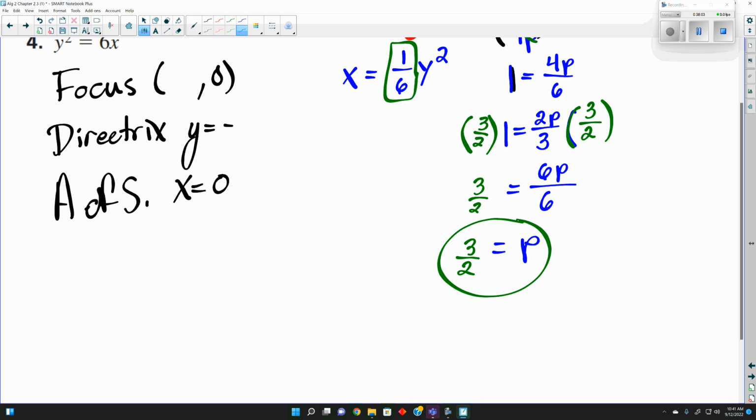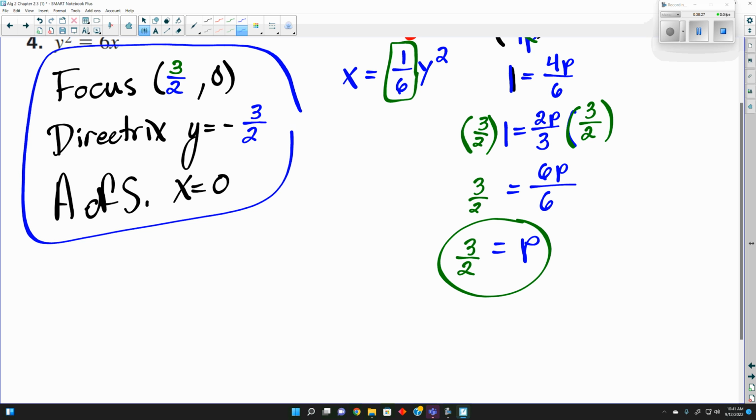So the focus is (3/2, 0). The directrix, so y equals negative 3/2. Since p is not negative, the sign will stay negative. As if it had been negative 3/2, y equals negative negative 3/2, they would cancel it out. But that's it. And that's your answer.